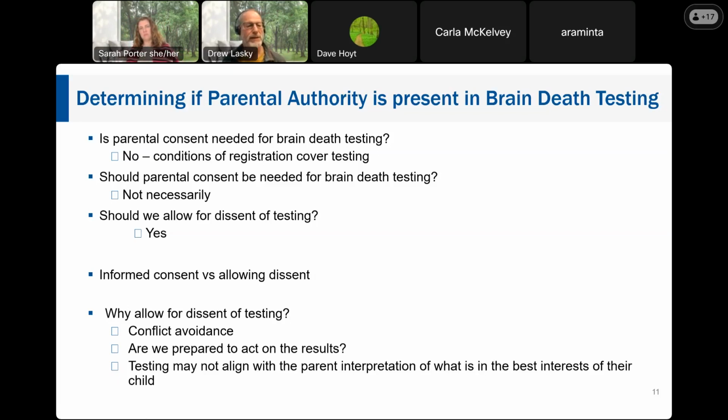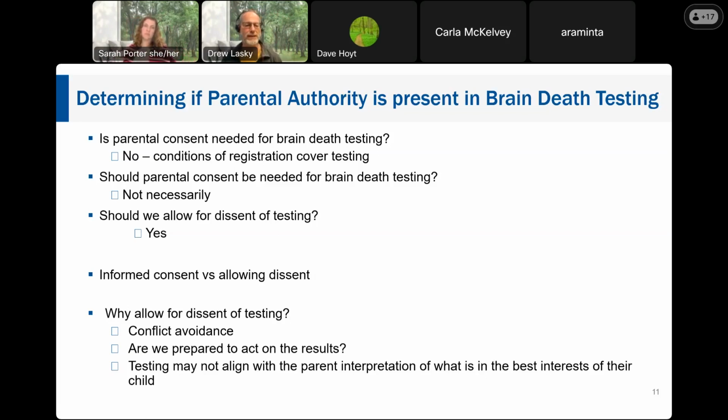And then lastly, what if the testing doesn't align with the parents' interpretation of what is in their child's best interest? If the family really has a strong belief and is waiting for a miracle, are they going to accept the idea of death by neurologic criteria? And certainly there are lots of examples of patients and situations in which that happens, right?